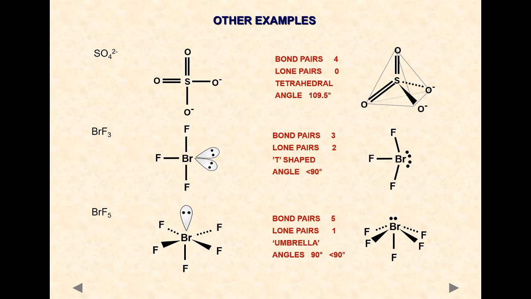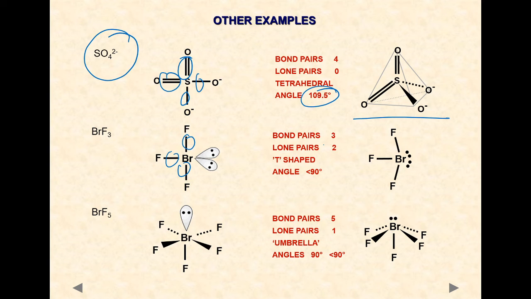So now looking at other examples, you have this. The lone pair is only 1, so the bond pairs are 1, 2, 3, 4. So it will be a tetrahedral with 109 bond angle. If you look at this as 1, 2, 3 bond pairs and 1, 2 lone pairs, this will be more or less like a T shape with 90 degrees bond angle.